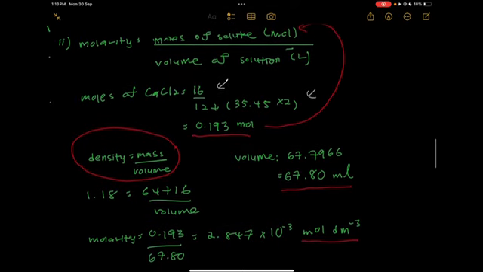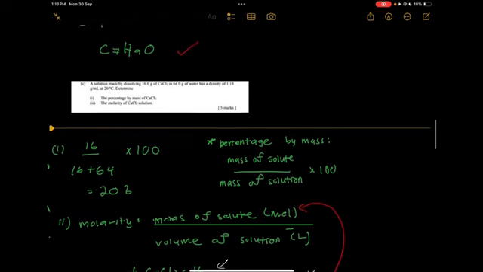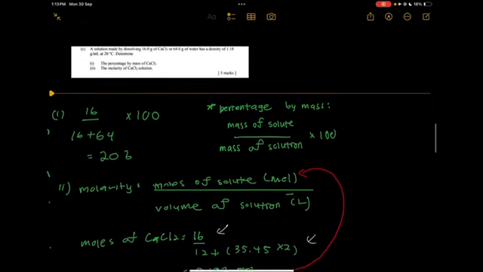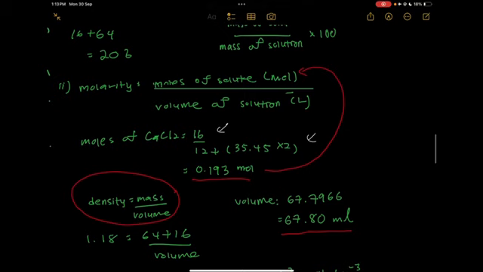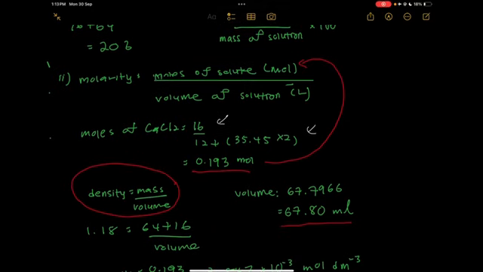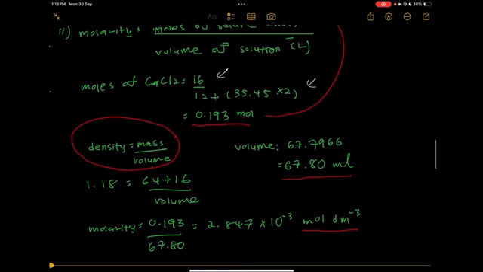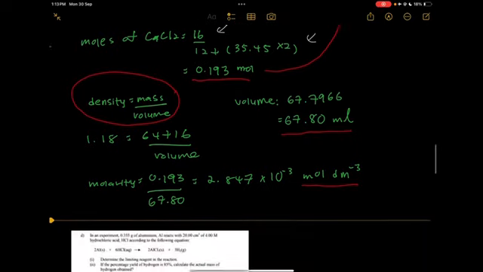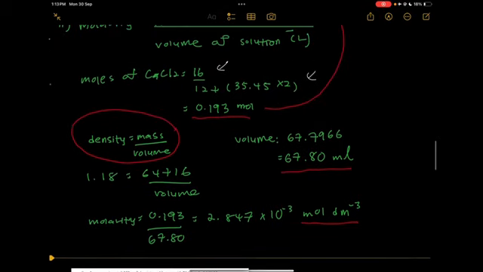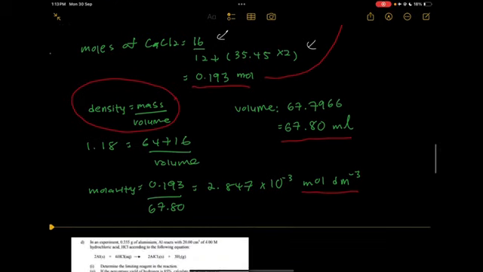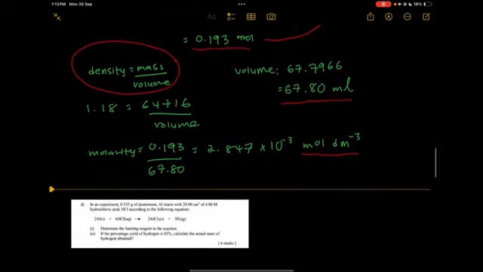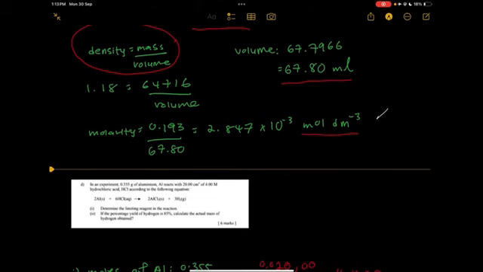Density equals mass divided by volume. The density mentioned is 1.18, equal to mass 64 plus 16 divided by volume. So we can get the volume, 67.8 mL. So we can get the molarity: 0.9193 divided by 67.80 equals 2.847 multiplied by 10 power minus 3 mol dm minus 3. So don't forget the SI unit.